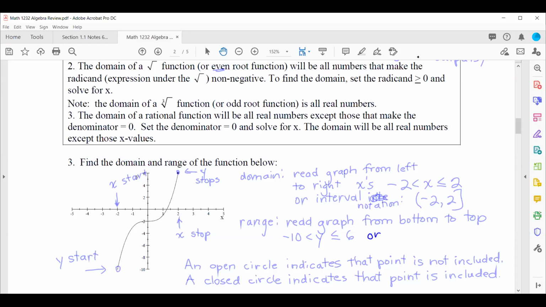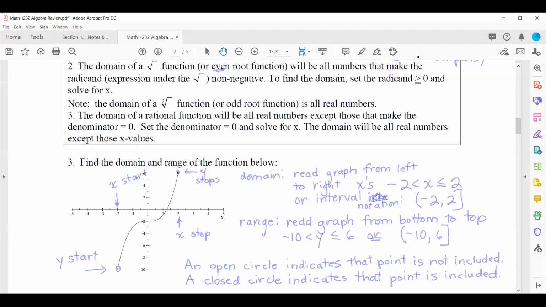Interval notation looks like this: -10, comma 6. The parenthesis in interval notation goes along with the strictly less than symbol in the inequality notation, and the bracket goes along with the less than or equal to symbol in the inequality notation.